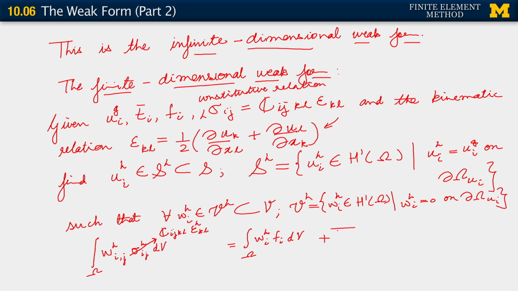Plus the sum over the spatial dimensions of the integral over the Neumann boundary of w^h_i t bar_i dS. Again, because t bar is part of the data, we don't try finite dimensional representations of it.